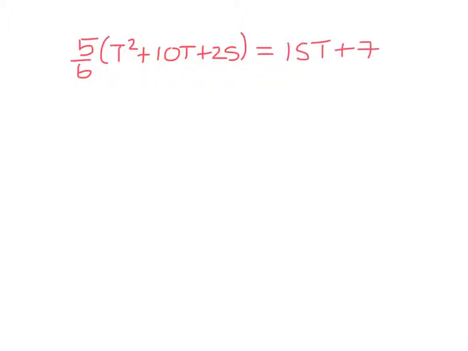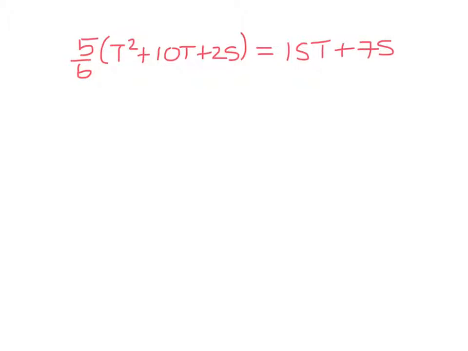The two vehicles have to have travelled the same distance, so 5/6 of t squared plus 10t plus 25 has to equal 15t plus 75.